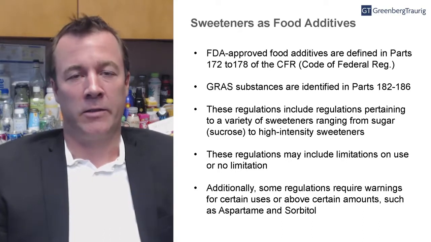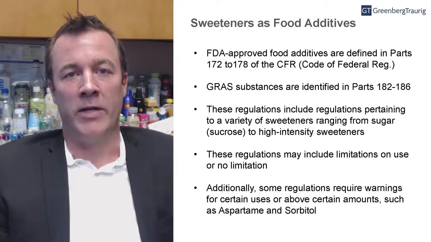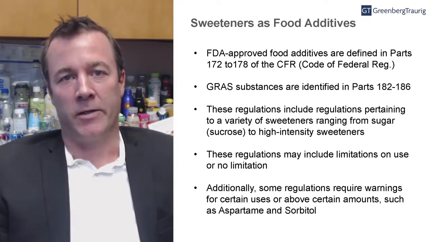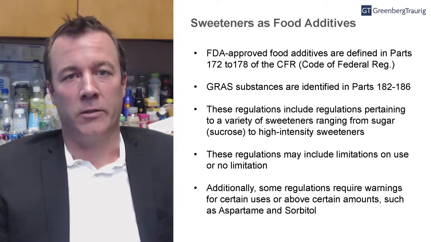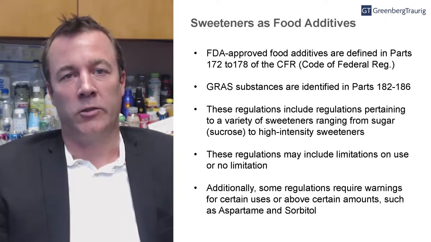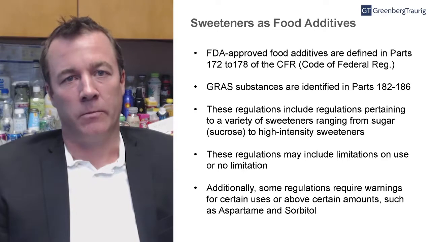These regulations contain a variety of sweeteners, ranging from sucrose, otherwise known as sugar, to high-intensity sweeteners. These regulations often include limitations on the use, but they don't always, and some may have no limitations on use. Additionally, some of these regulations contain warnings that are required for certain sweeteners, such as aspartame or sorbitol.